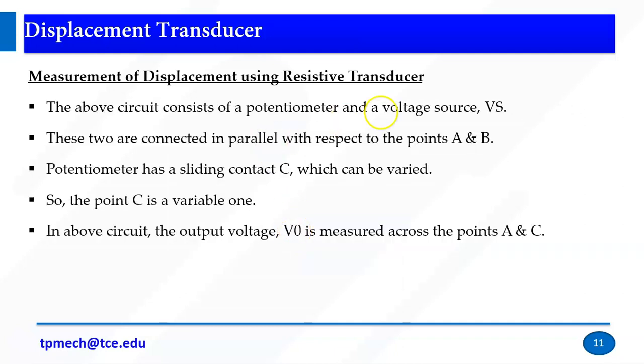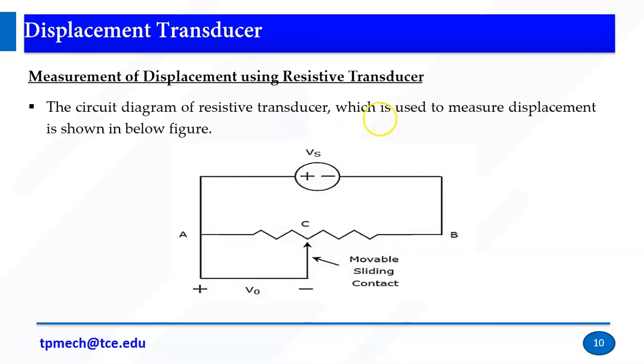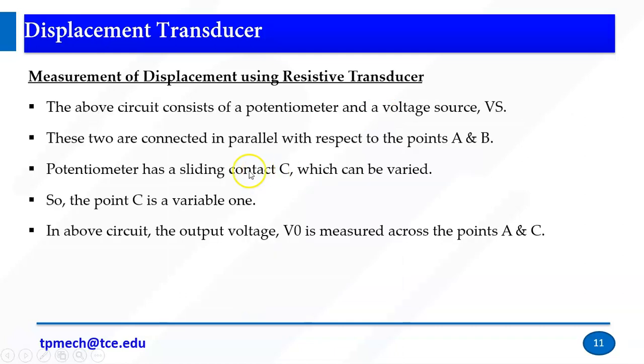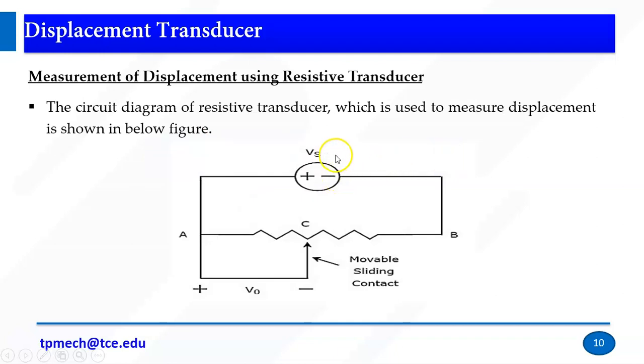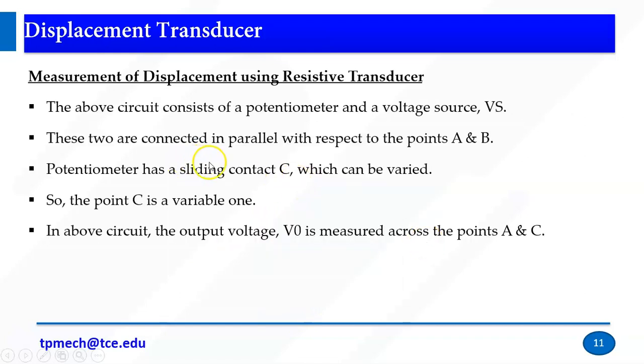So the above circuit consists of a potentiometer and voltage source. The potentiometer is V0, the voltage source is Vs. These two are connected in parallel with respect to the points A and B, right?